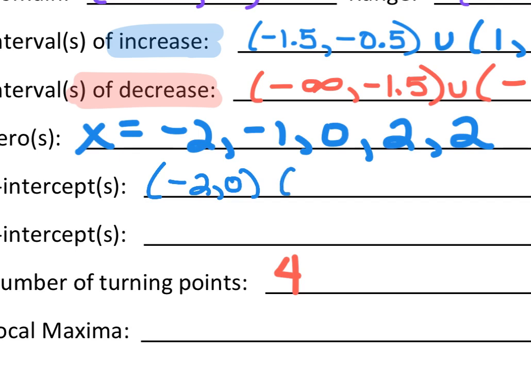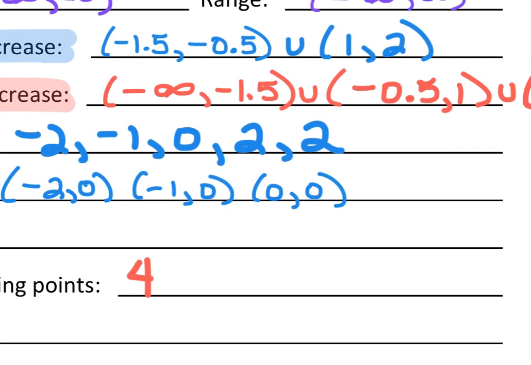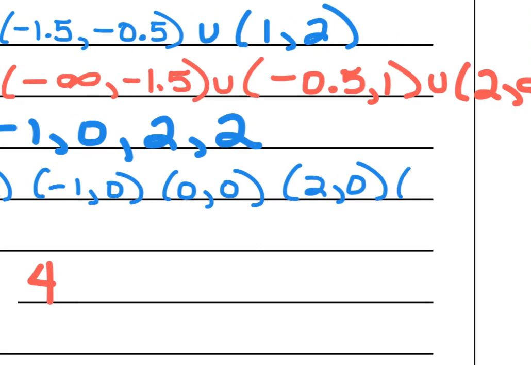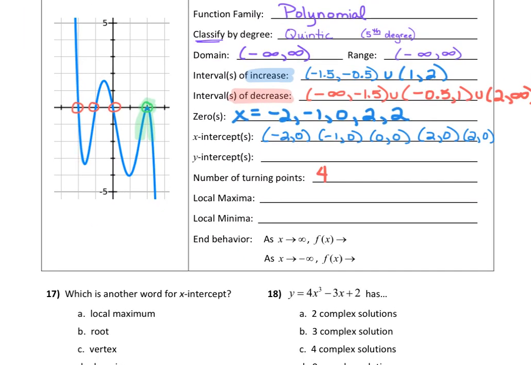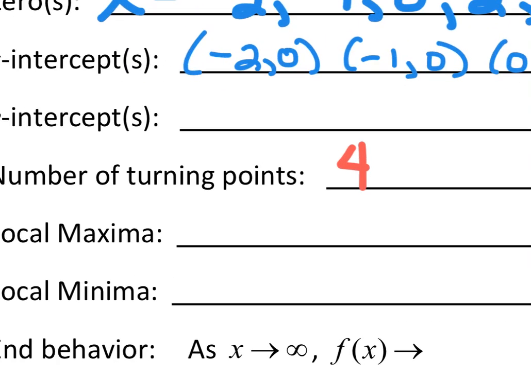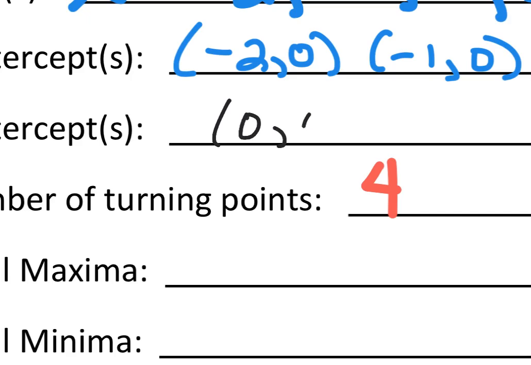Negative 2, 0, negative 1, 0, 0, 0, 2, 0, and 2, 0. Notice that your y-intercept is also an x-intercept. And so in this case, your y-intercept is 0, 0.